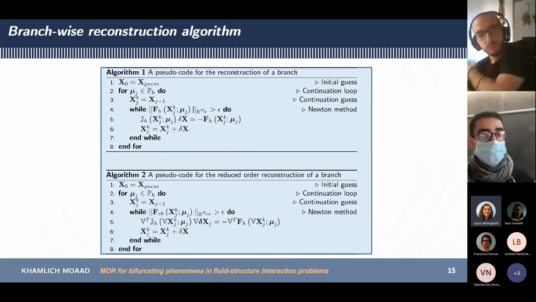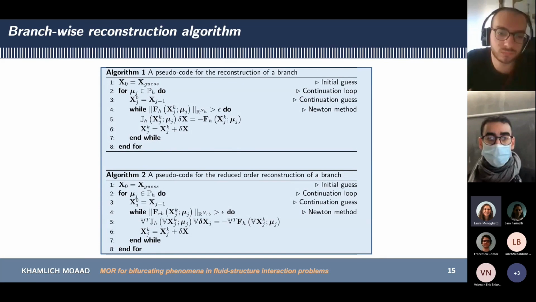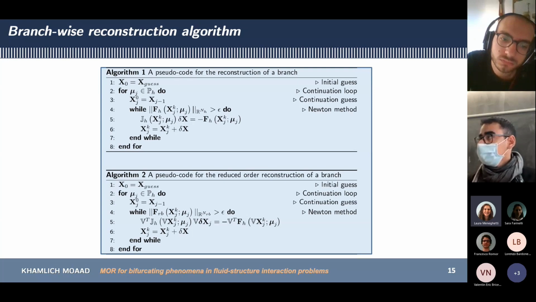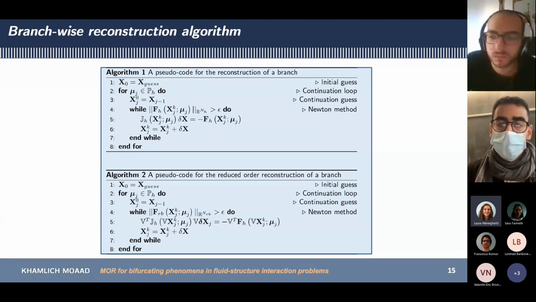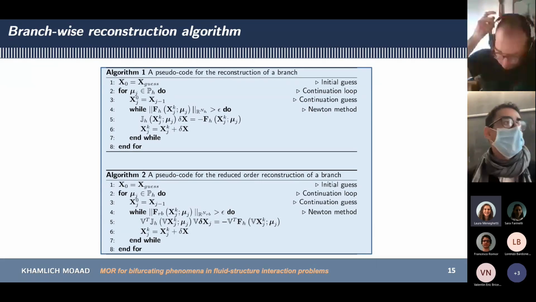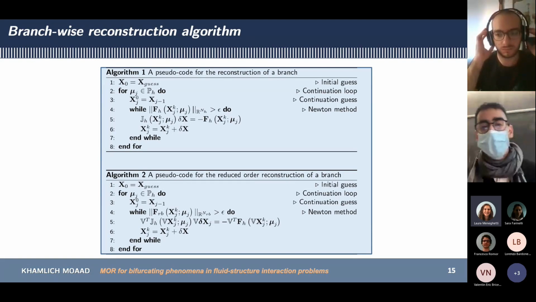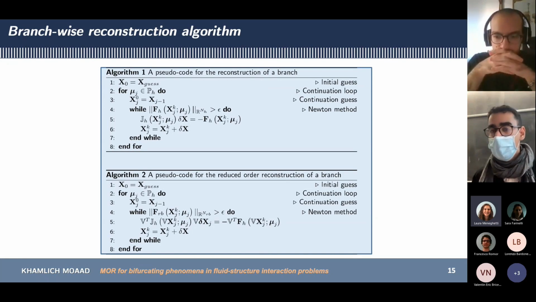May I ask, is your Jacobian symmetric positive definite? No, right? There is an interaction term, so it should not be. No, it's not. I'm wondering whether you tried another method rather than Galerkin projection, because, for example, Galerkin should be less efficient in this case when the Jacobian is not symmetric. Actually, we have not used any other method. We've just investigated the Galerkin projection because this same framework has been used to tackle a lot of different bifurcating problems.